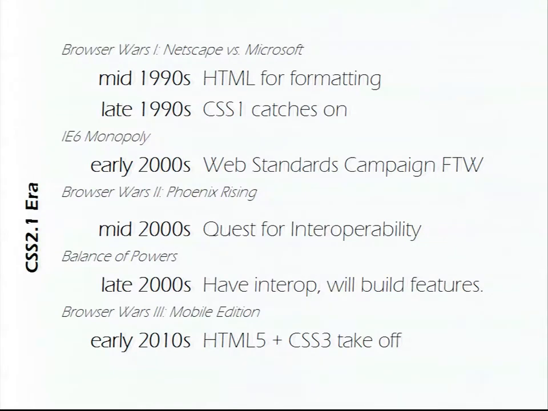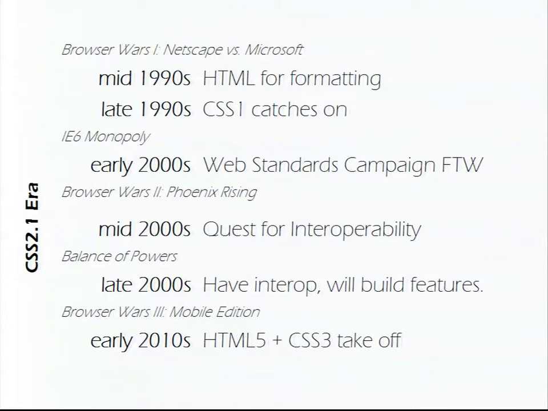And so our quest for interoperability was pretty much what we were doing. And then in the late 2000s, that started to wrap up. We had things like Acid2. We had people advocating really for browsers to fix their bugs. The browser developers were really working on that. And towards the end of that decade, we were starting to get to a point where browsers had consistent output for your HTML file that used CSS2.